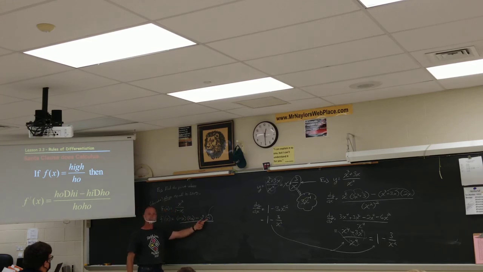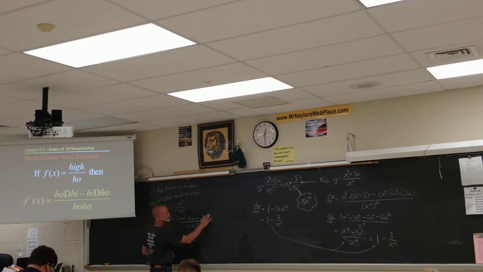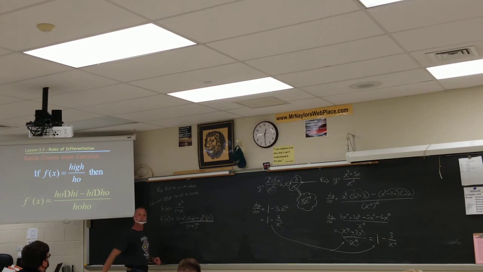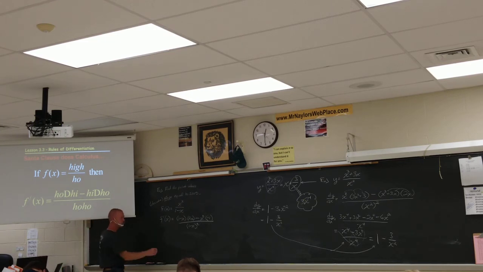So that's the top times the derivative of the bottom, and then all over ho ho, the bottom squared. Is there anything you have a question on with following the rule? I hope you're trying to simplify it, so go ahead and see if you can simplify it.